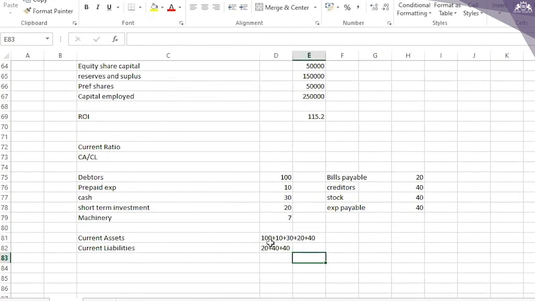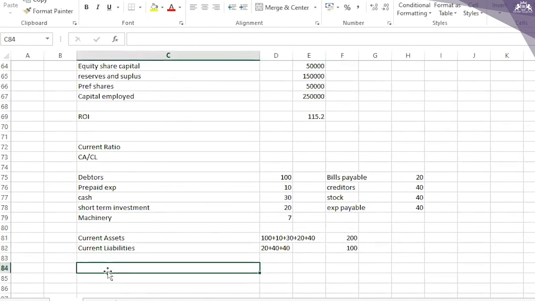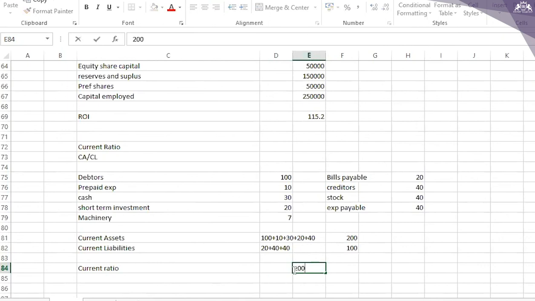This totals up to 100 plus 50 plus 40 plus 10. This is 200. This is 100. Your current ratio is 200 to 100, 2:1. Clear?